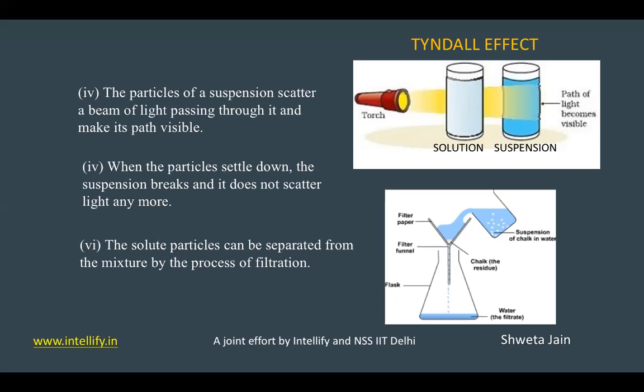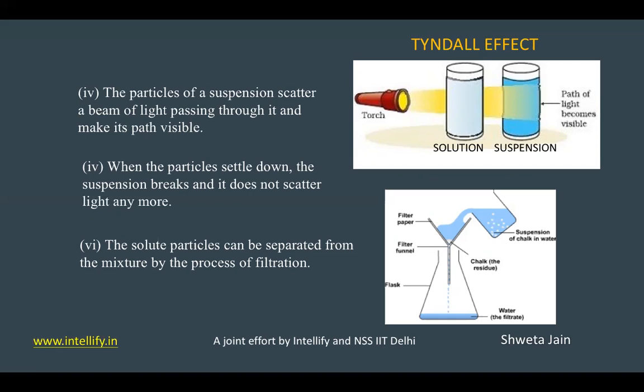In the picture we can see a filter paper is attached to a filter funnel and the funnel is placed on top of a conical flask. When a suspension of chalk in water is passed through the filter paper in the filter funnel, the chalk gets collected in the filter paper and water flows down the funnel and gets collected in the conical flask.